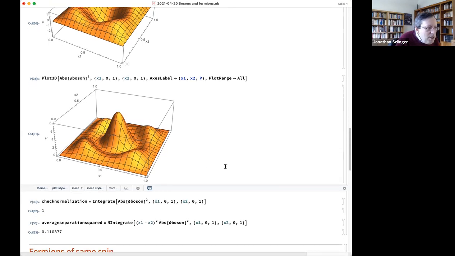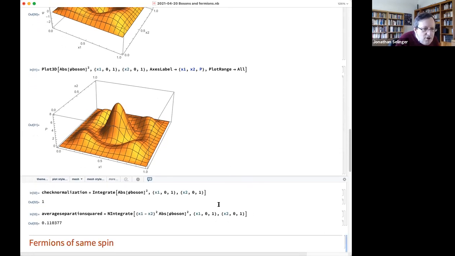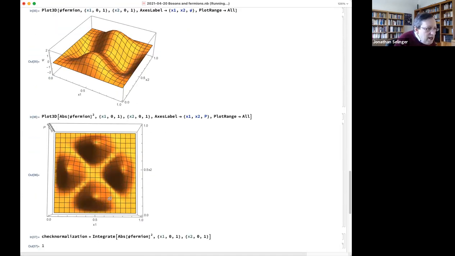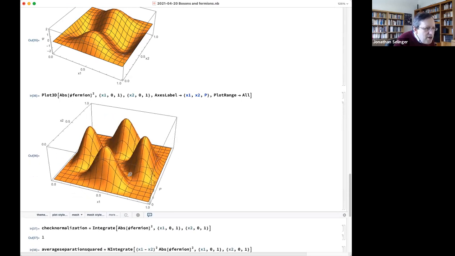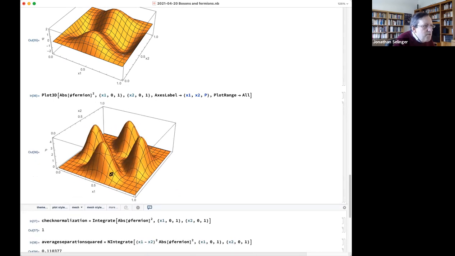And now what about for fermions? For fermions, here's our probability distribution in terms of x1 and x2. There are peaks where x1 is in the middle and x2 is on the left, or x1 is in the middle and x2 is on the right, or vice versa: particle 1 is on the left or the right, and particle 2 is in the middle.